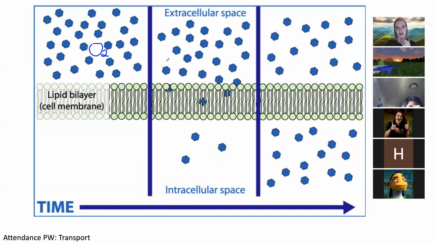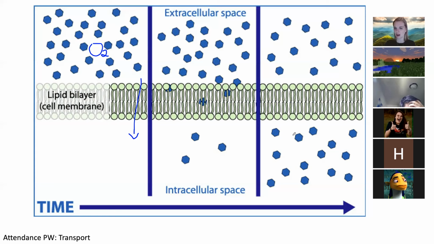The oxygen is going to want to move in this direction, from an area of high concentration to an area of low concentration. Over time, we see those oxygen molecules migrate from outside the cell to inside the cell until we've established an equilibrium.